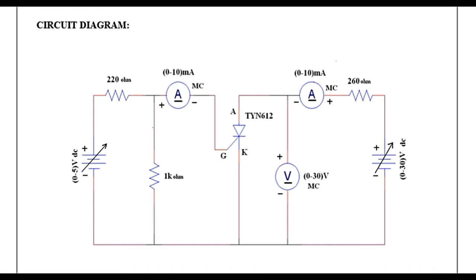To measure the gate current, one ammeter is connected in gate terminal, and to measure anode current, one ammeter is connected with anode terminal. In order to measure anode cathode voltage, a voltmeter is connected across anode cathode terminal. With this circuit, current limiting resistors are connected to protect the SCR.